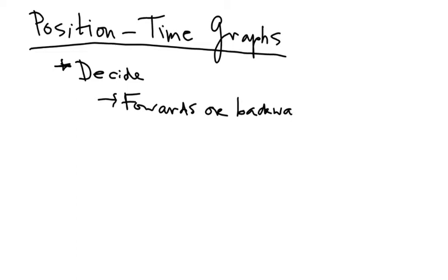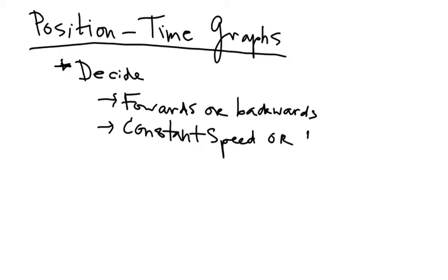The second thing you should be able to decide is whether something is going at a constant speed, and this is just from the shape of the graph, or is it accelerating? And by accelerating, I just mean the speed is changing.